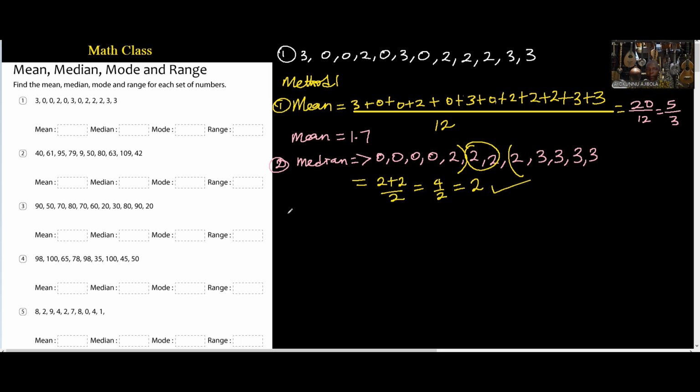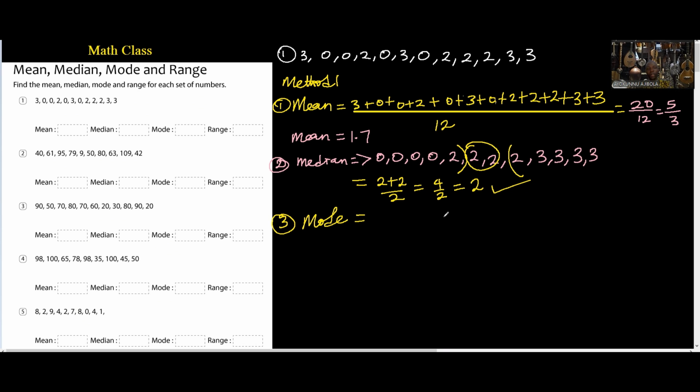Then to get the mode, the mode is the one that occurred most. But this time they all have the same number of occurrences. So there is no mode, or we say all of them are modes: 0, 2, and 3. 0 occurs 4 times, 2 occurs 4 times, and 3 occurs 4 times.